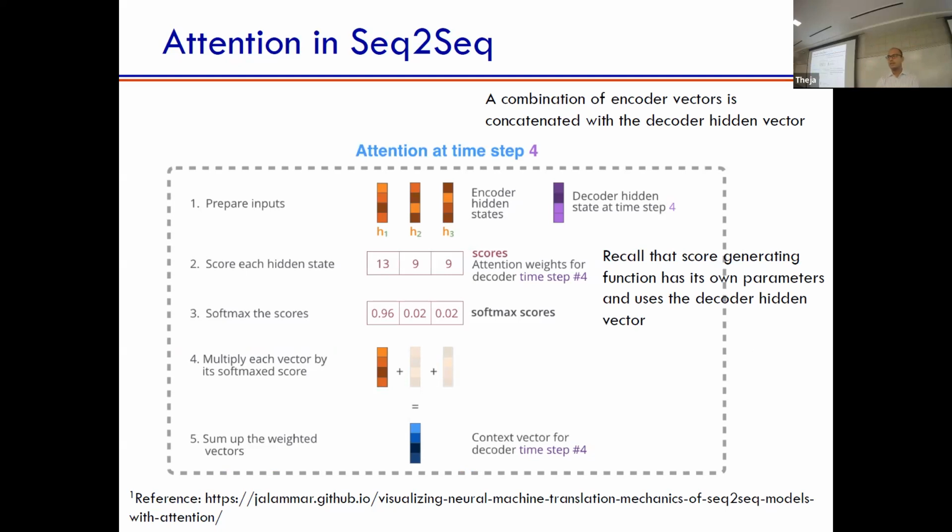So after encoding, you basically have these hidden vectors. If you have 3 words, you have 3 hidden vectors. Last time we just saw how to use the last hidden vector as input while decoding. That was pretty straightforward, but the last hidden vector has to capture all the information about the variable length input, which is going to be hard. So what we want is to rely on other hidden vectors also while doing the decoding.